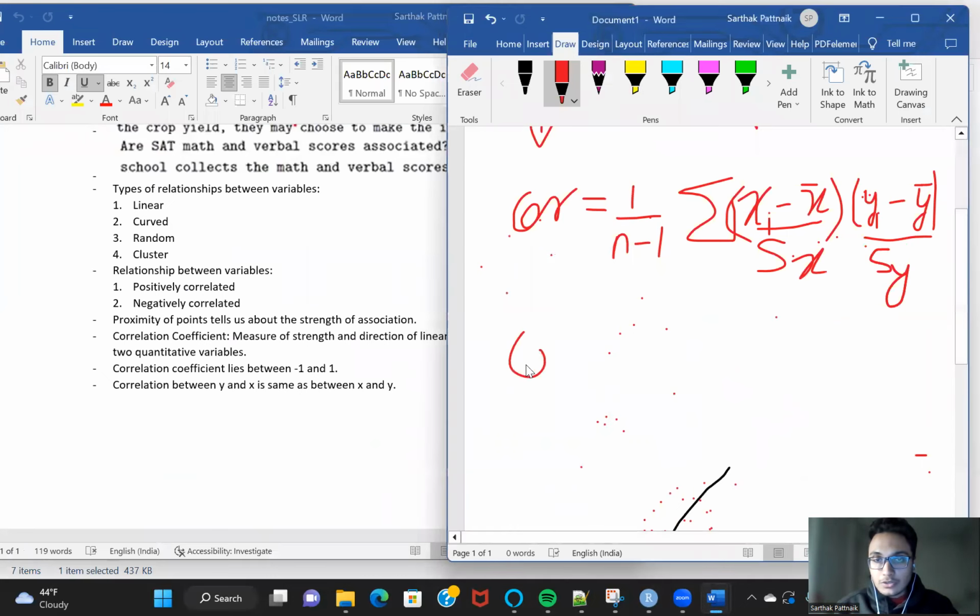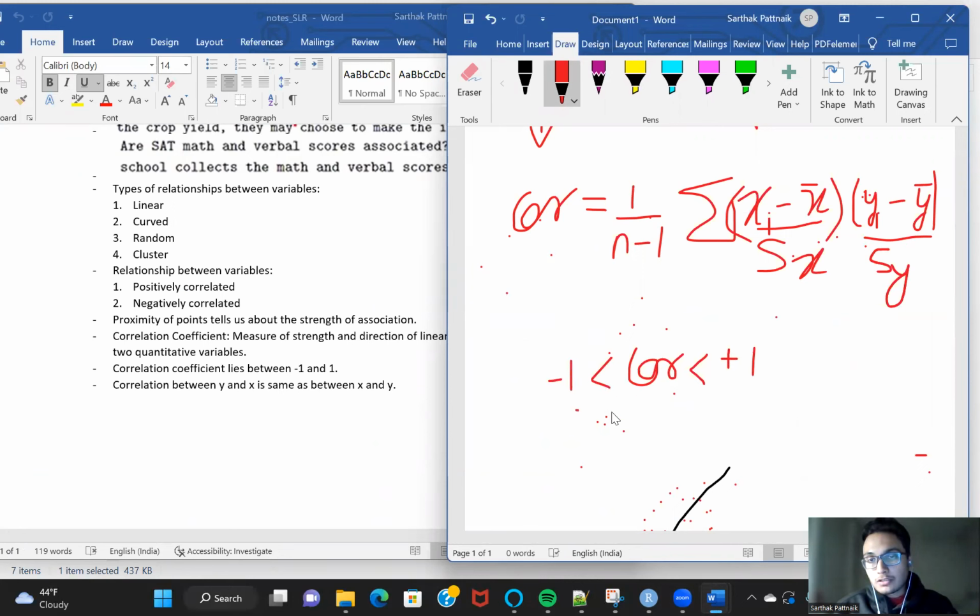Now some properties of the correlation coefficient. First, the correlation coefficient varies between +1 and -1. This is the range in which my correlation coefficient varies.